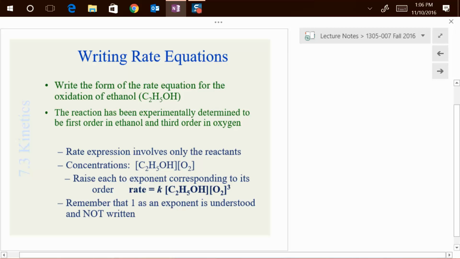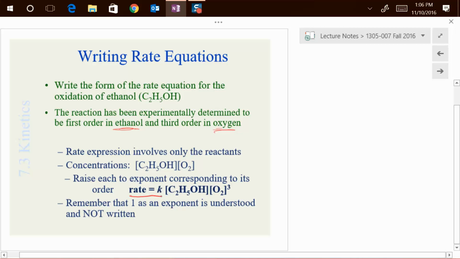So, write the form of the rate equation for the oxidation of ethanol. The reaction has been experimentally determined to be first order in ethanol and third order in oxygen. Okay? So, the oxidation of ethanol reacting with oxygen. We don't need the balanced chemical equation. All we need to know is what the reactants are, and we can write this rate expression.